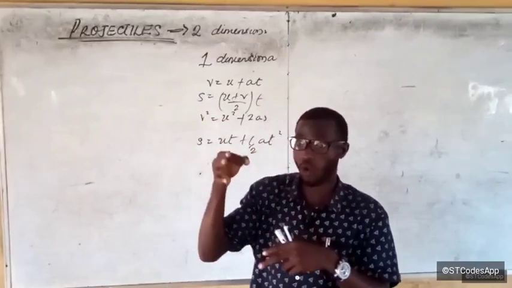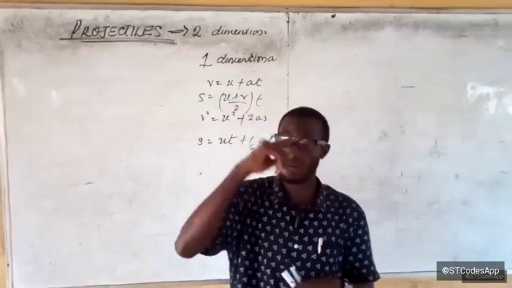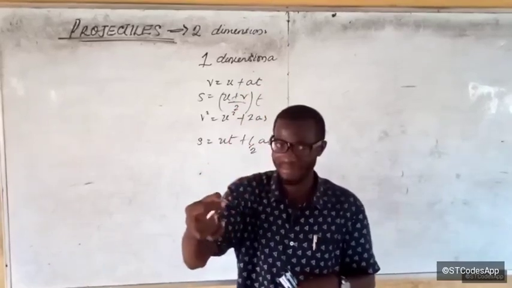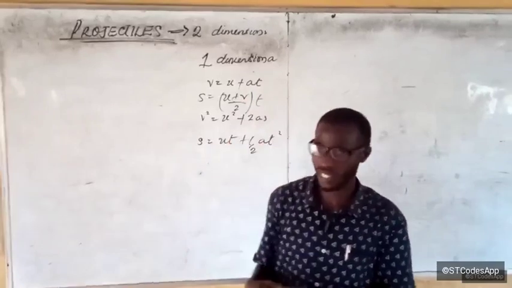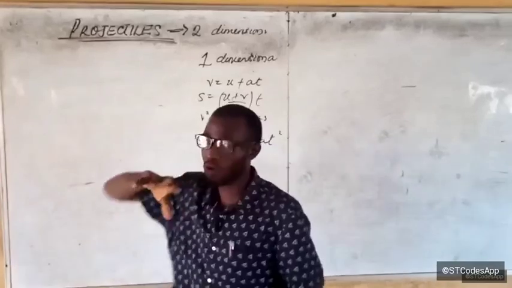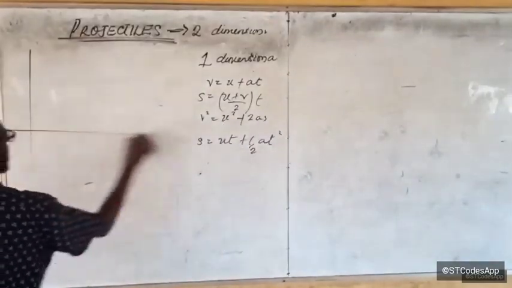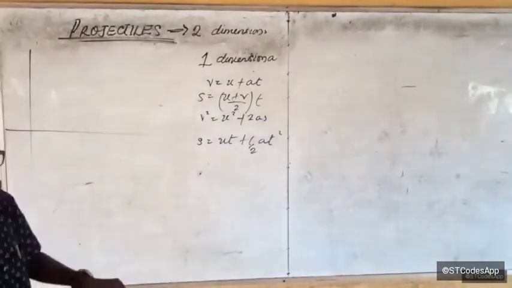So each point along its path represents two coordinates. Is that okay? So that is why we say it is a two-dimensional motion. So a projectile is just a body that I launch into space.